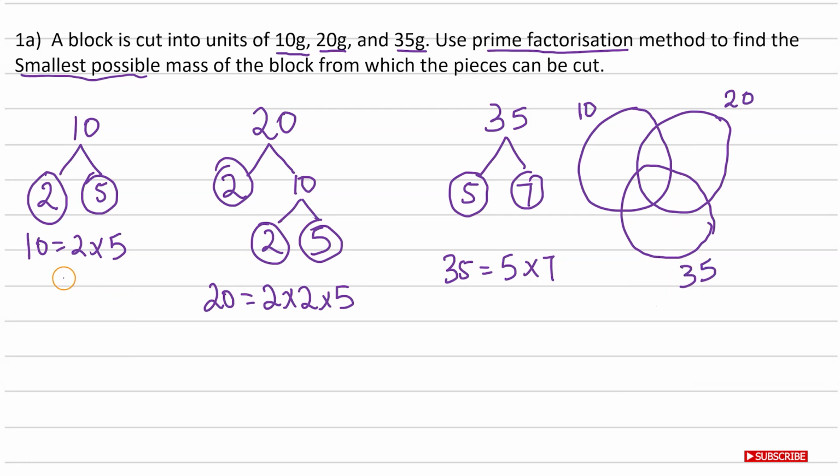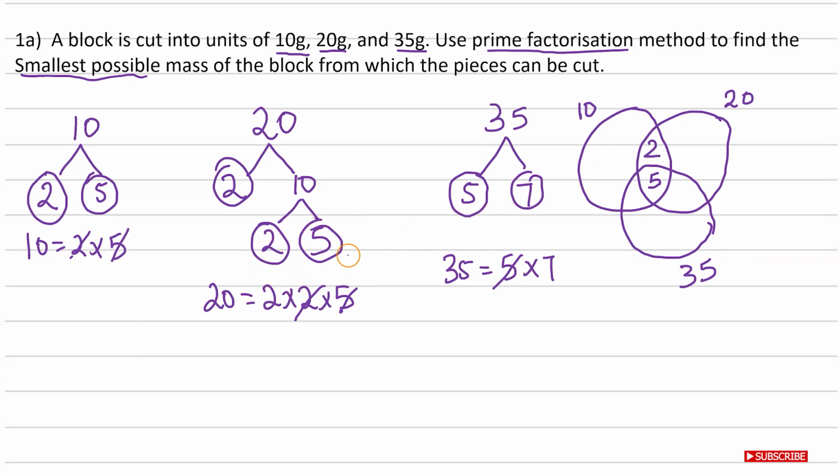Now what we need to do is look for common numbers. I can see 5 is in all of them, so I cancel 5 and put that in the middle because it's shared by all three numbers. And then 2 is shared by 10 and 20, so I cancel one of them from each and put it where 10 and 20 share.